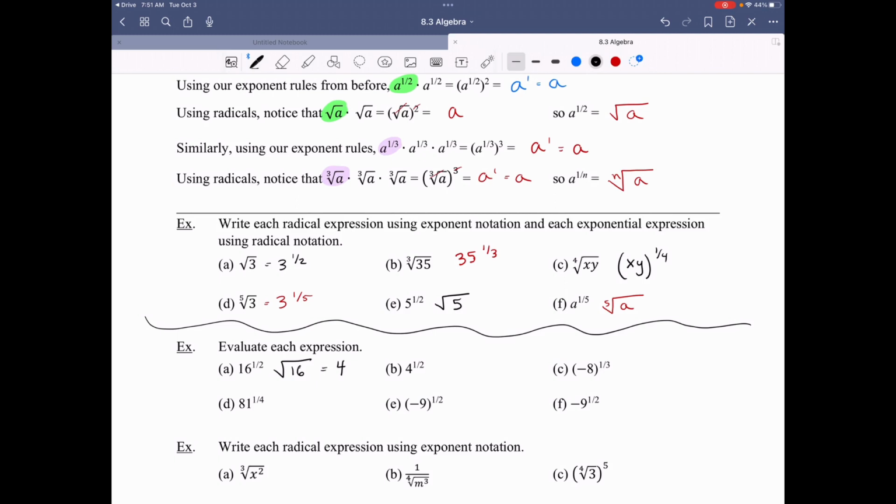All right, let's look at C. Negative 8 to the 1/3 is the same as the cube root of negative 8. And we know that the cube root of negative 8 is negative 2. For E, we have the square root of negative 9, but that is not a real number.